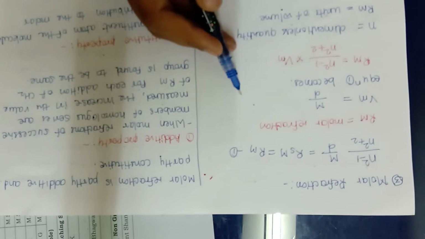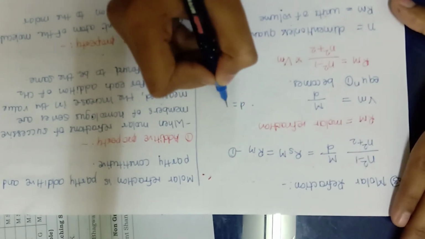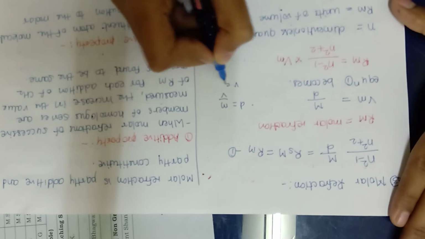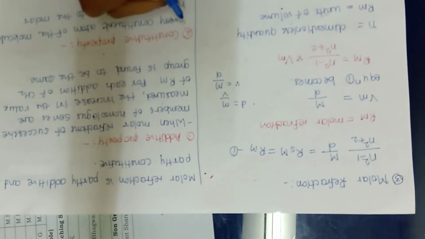Vm is volume. Density equals mass upon volume, so volume will be mass upon density, right? Put this value in equation 1. We get Rm equal to (n square minus 1) upon (n square plus 2) into Vm, where Vm is the molar volume. n is sin I upon sin R. They are both dimensionless quantities, so n will be dimensionless.